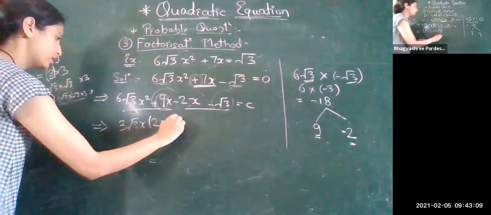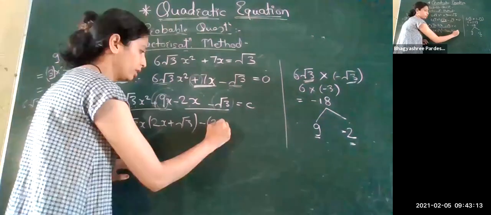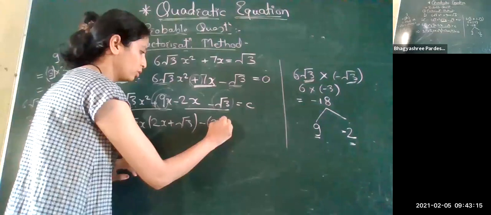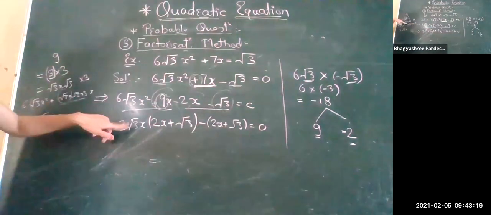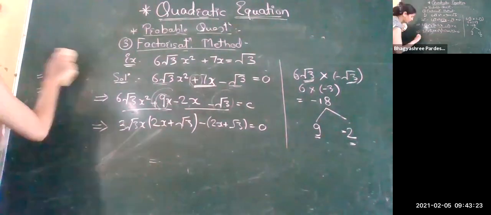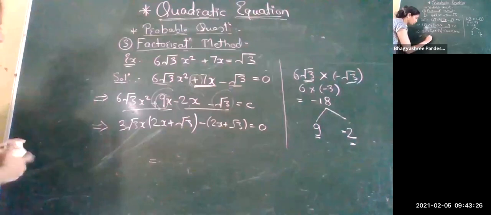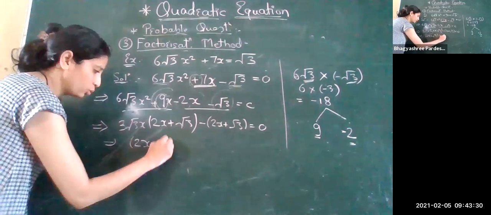And the second here, minus into bracket 2x plus root 3, which is equal to 0. Clear students, what we have done here? Take the root 3 common, we have written 9 in this form. So again, the same thing, it's very easy. The common bracket 2x plus root 3. The next terms will come in the next bracket.